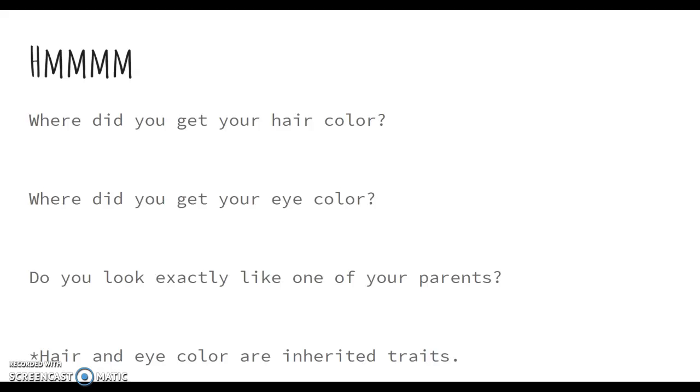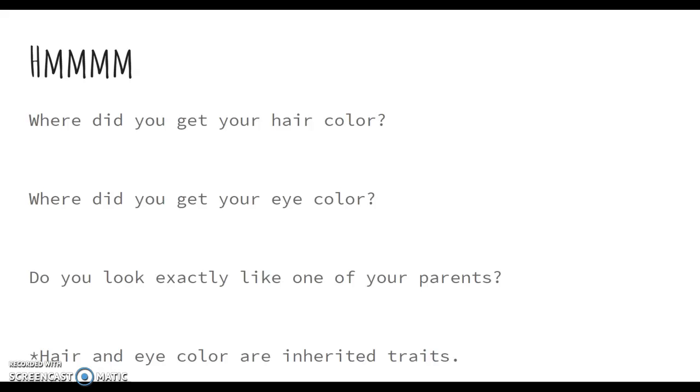Before I jump into today's activity, I want you to think about three things. Who in your immediate family, so I'm talking mom or dad, where did you get your hair color? Does it match either one of your parents?